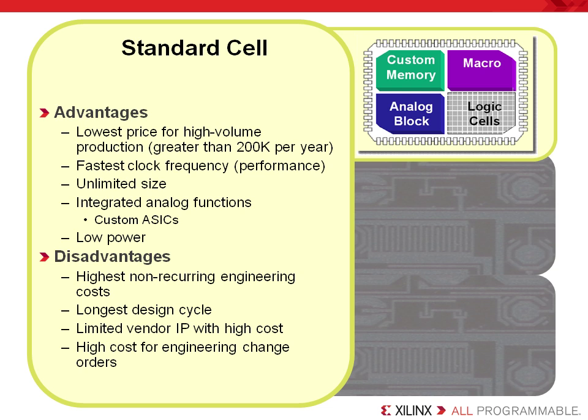Some disadvantages of standard cell ASICs are that they have the highest non-recurring engineering cost, or NRE, and the longest design cycle, which makes it critical that the design is built correctly the first time. Generally, there is limited vendor intellectual property, or IP, and it often has a high cost of development. These ASICs have the highest cost for engineering change orders since they require an extensive amount of time to verify.